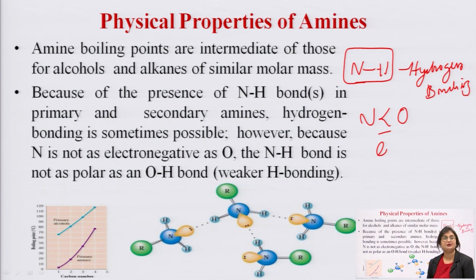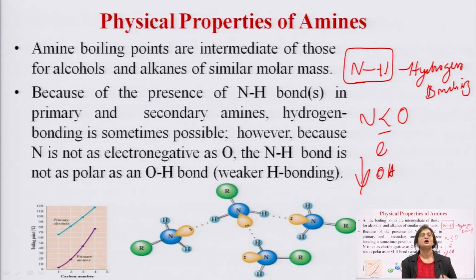Hence, the hydrogen bonding capacity of amines is much lesser. Though it can form a hydrogen bond, the capacity is much lesser when compared to the OH bond. Hence, weaker hydrogen bonding is seen. Thus, the boiling point is not very high. It lies intermediate between other compounds.